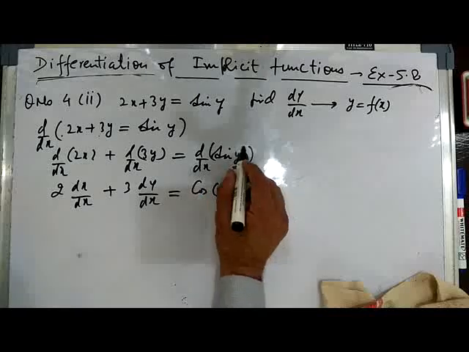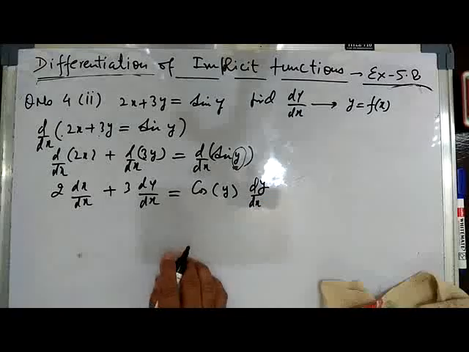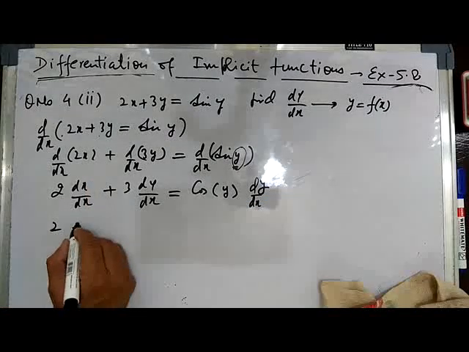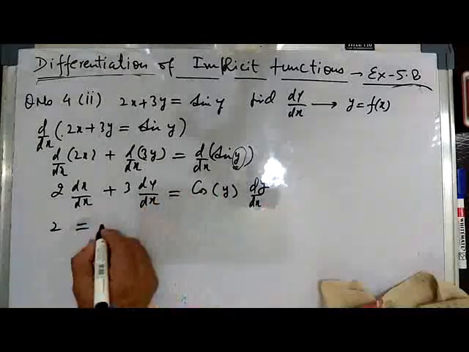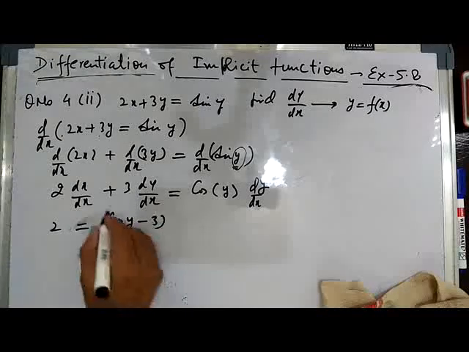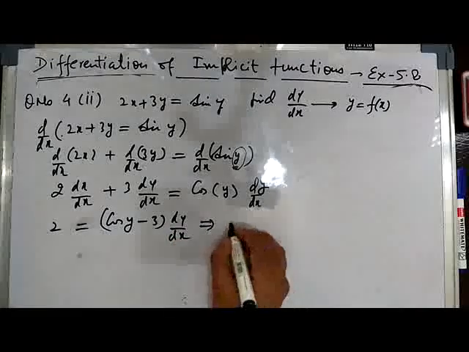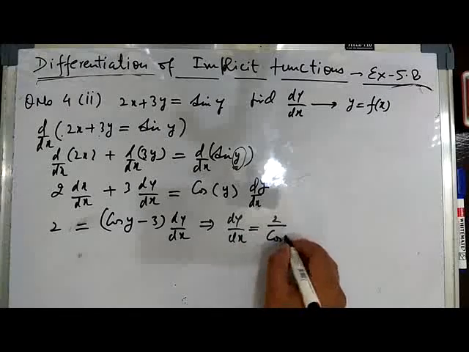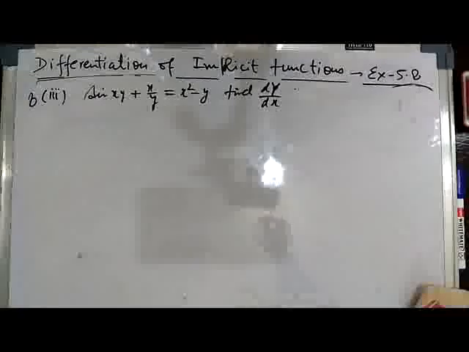Then the d/dx operator is reaching over y, that is d/dx of y. So now dx/dx will be 1, and this element will go on that side. So cos y minus 3 dy/dx. So you can say that the differential dy/dx is 2 upon cos y minus 3. Like this we deal with such questions.